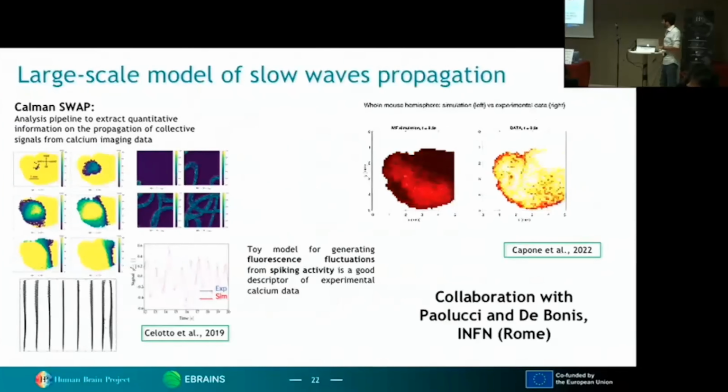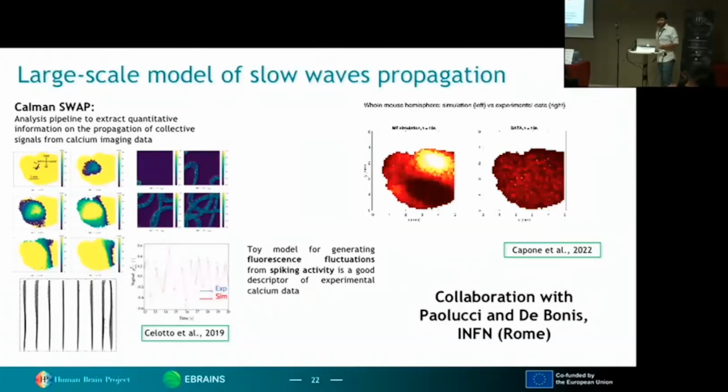In the last slides, I want to mention our collaborations. Within one collaboration, we developed an analysis pipeline to extract quantitative information from our imaging data.